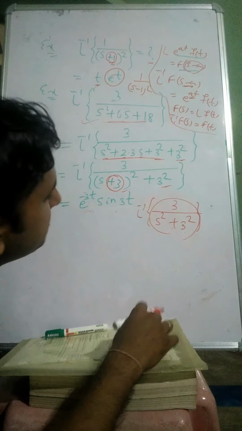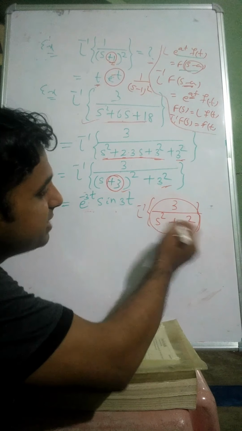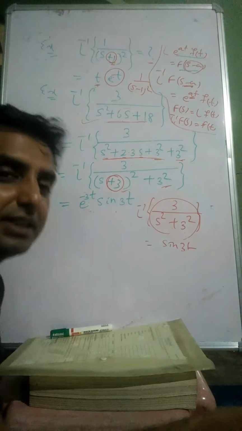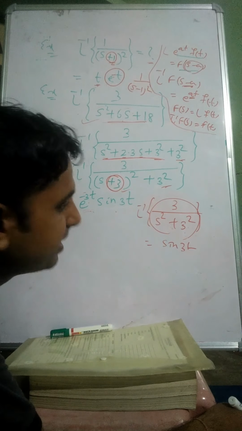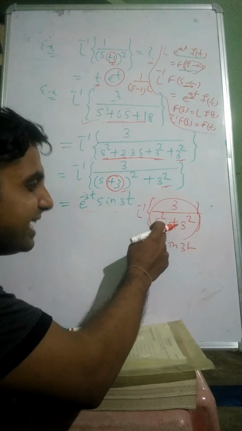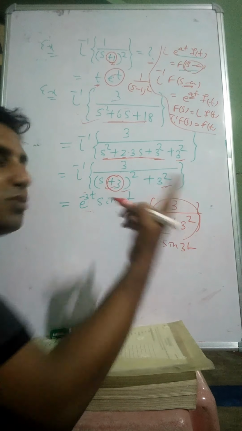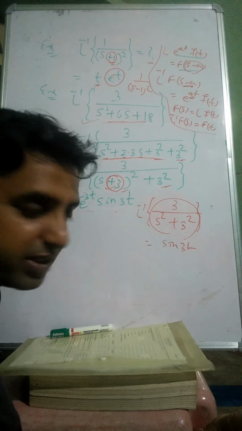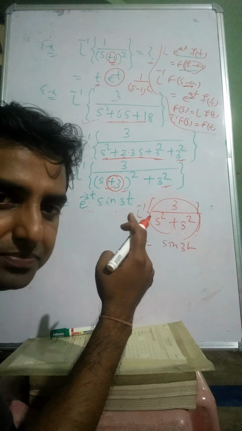Whose Laplace transform is 3 by s square plus 3 square? We know that this is sin 3t. Now since it is not only s, it is s plus 3, we have to multiply the exponential function, from the definition of the first shifting theorem.